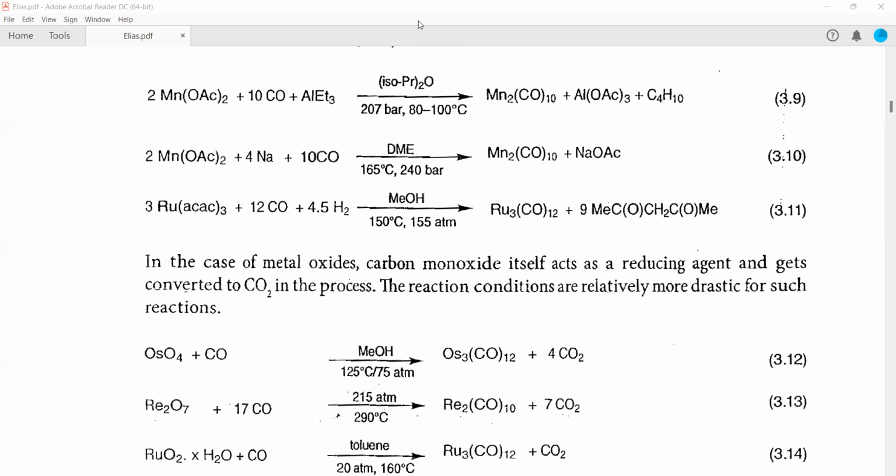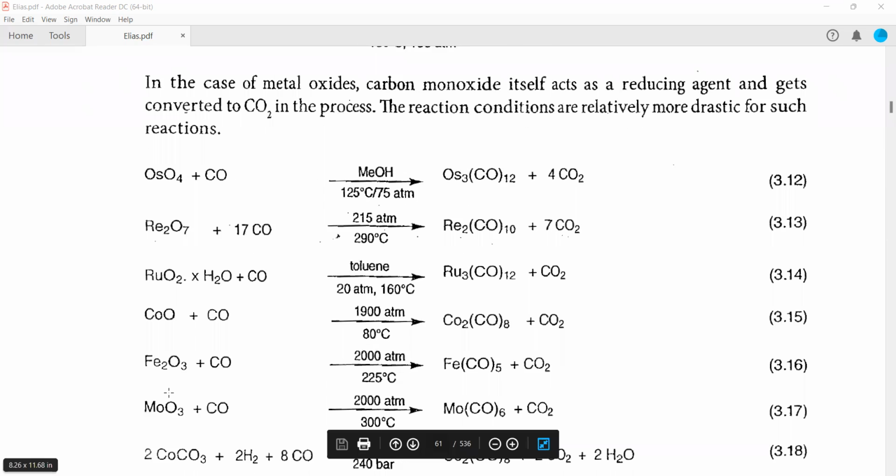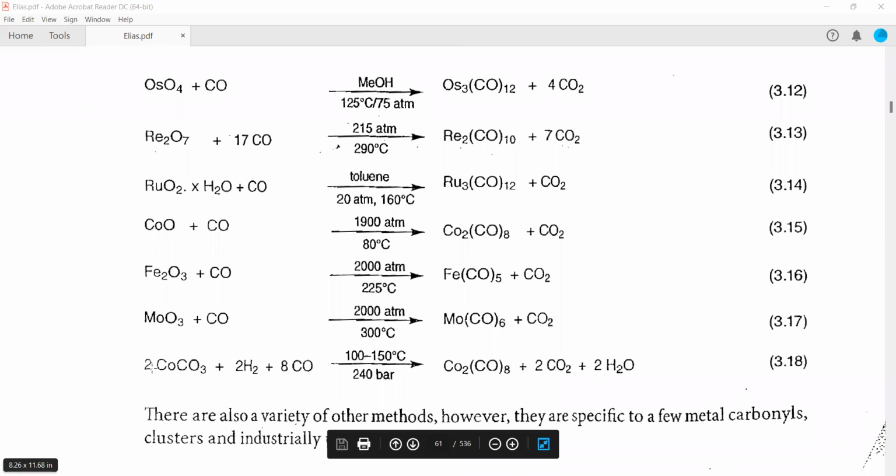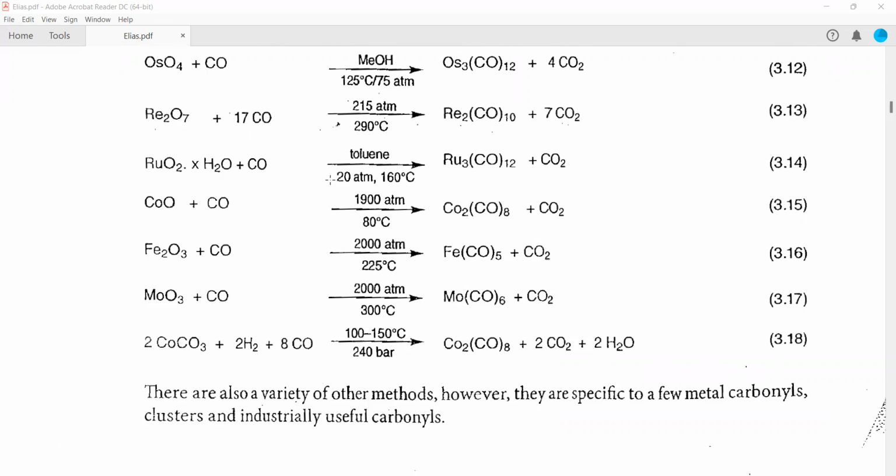Here, carbon monoxide itself acts as the reducing agent and gets oxidized to carbon dioxide, thus forming the homoleptic carbonyl complexes. For example, osmium oxide, rhenium oxide, ruthenium oxide, cobalt, iron, and molybdenum oxide are all listed over here. In this case, you need even more drastic temperature and pressure conditions.